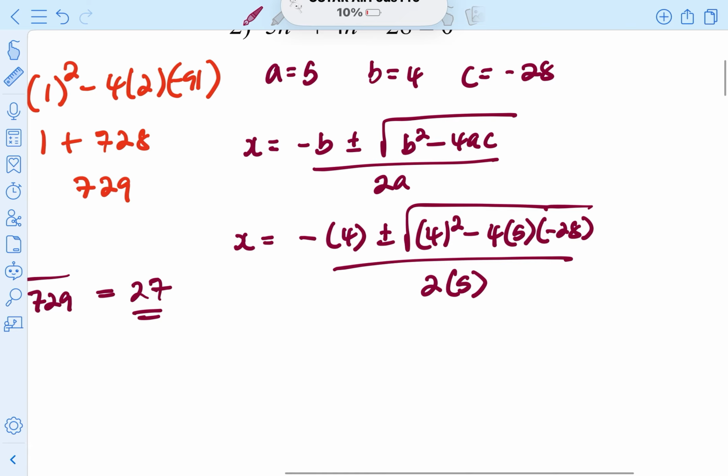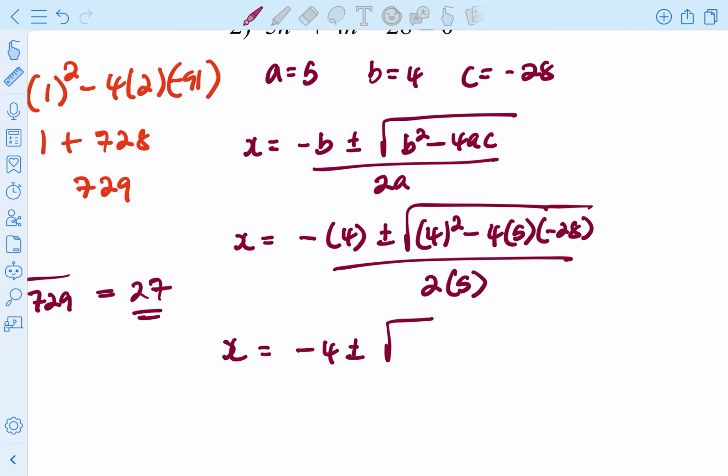And so I'm going to keep it in here now. So this will become -4 plus or minus the square root of 16 minus, and I have another minus, so it becomes plus. Then 4 times 5 is 20, and 20 times 28 gives me 560, right?